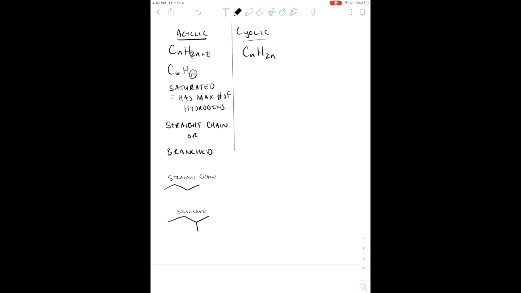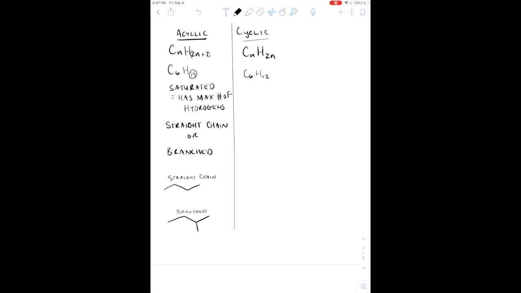And so, moving on to the cyclic substances. Again, if we had a cyclic substance, the chemical formula is CnH2n. What that means is if we had C6, we would have not 14 hydrogens like our acyclic counterpart, but we would have 12 hydrogens.